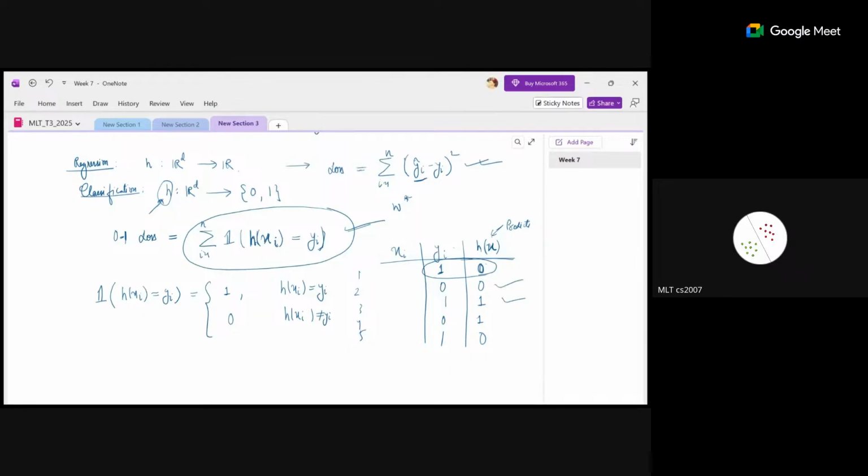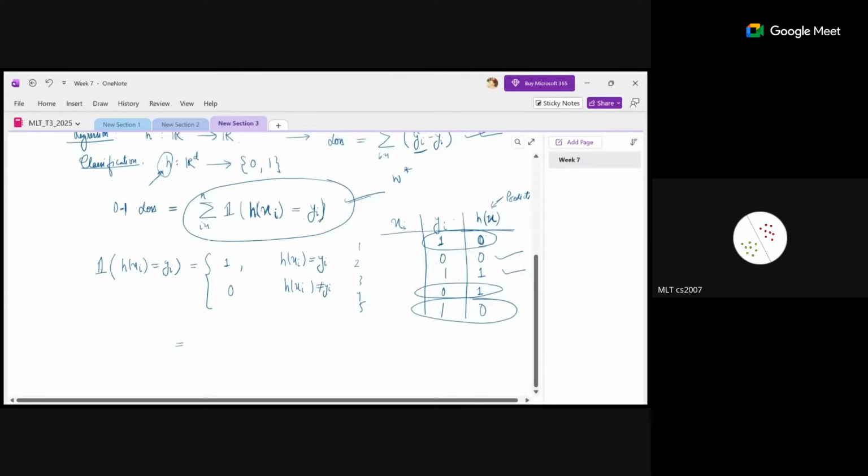Sorry, it was 3 actually. So what are the places where h of xi is equal to yi? It is 2. Only for the second observation and the third observation am I getting h of xi equal to yi. For the remaining 3 observations, h of xi is not equal to yi, so those values will be 0.